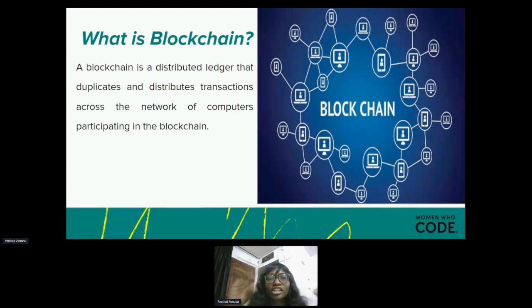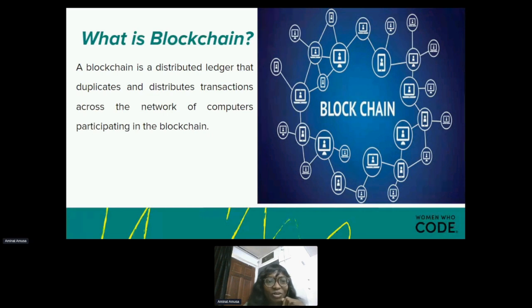Each transaction, every action that takes place on this ledger is stored in real time. One of the major points, or one of the advantages of blockchain, is the fact that it is immutable. It cannot be changed, it cannot be modified. Once data has been deployed, and once data is on the blockchain, it is forever.